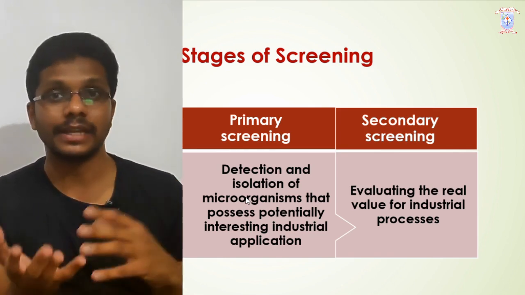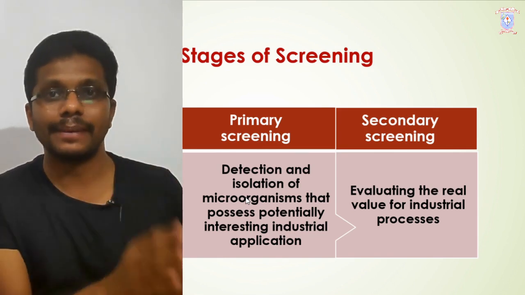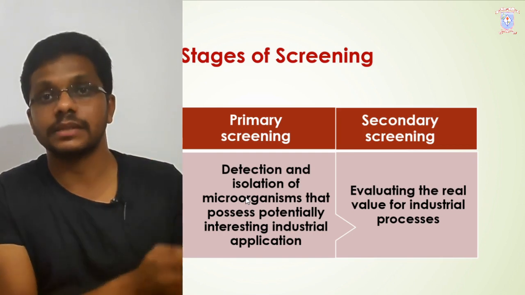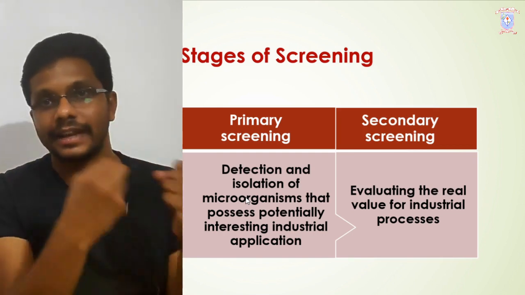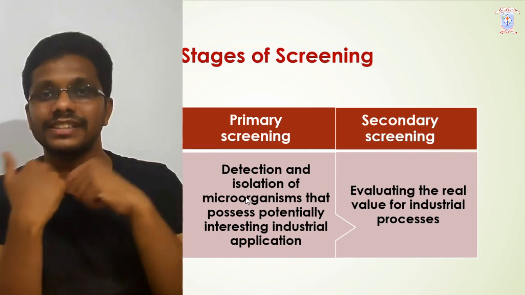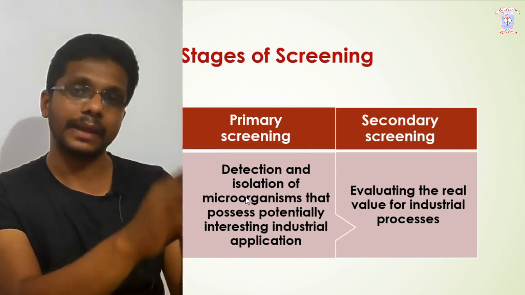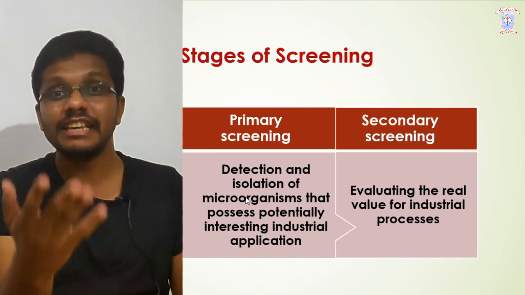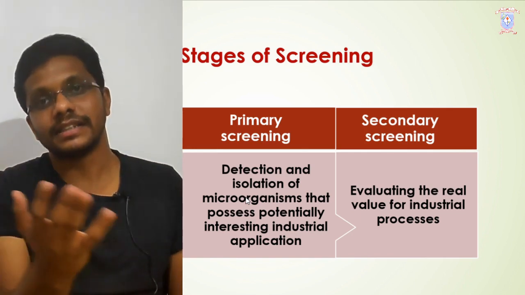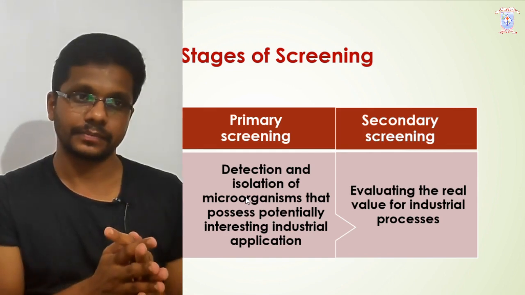If you are screening for antibiotic producers, the only question in the primary screening is whether the organism is producing an antibiotic. If yes, we isolate the microorganism and go for the secondary screening. In the primary screening, we are looking into whether the organism has any interesting industrial applications.